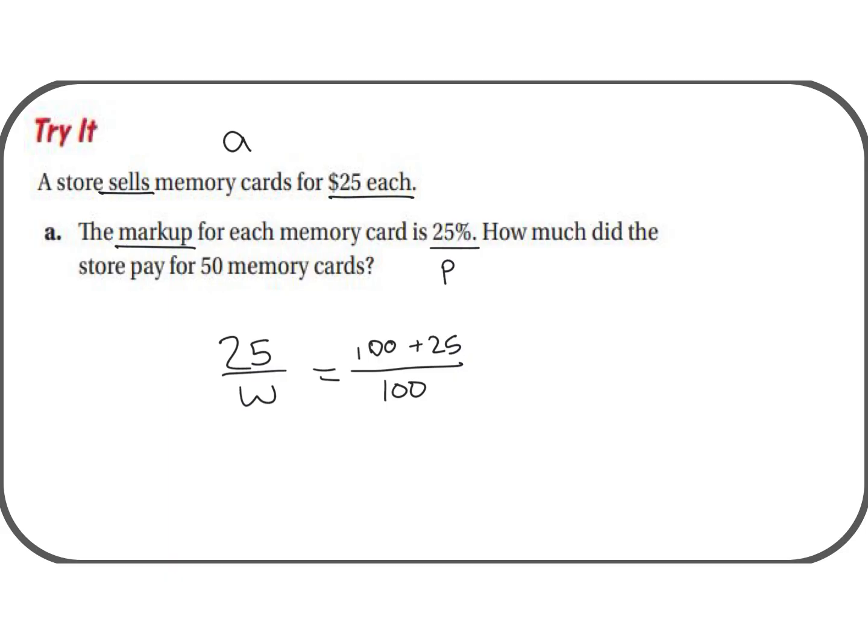Okay, so with my markup, I had to add 25% to get up to this $25 price. Now that you have this set up, you can go ahead and solve for the original price. And then once you know that, I just want to know how much would it cost them then for 50 of these cards.